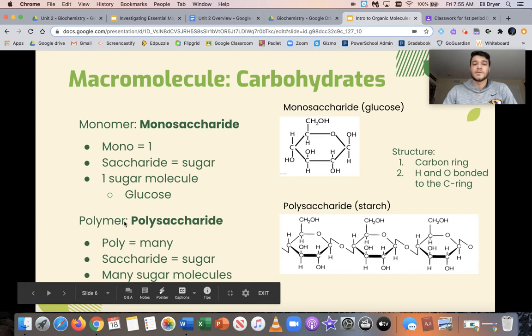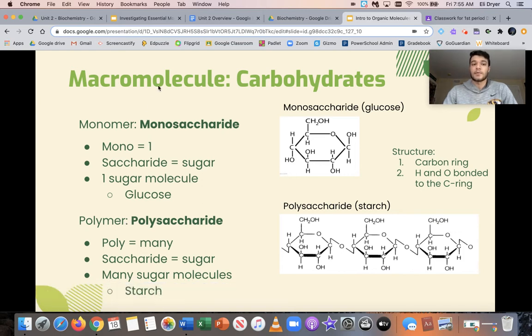Again, the difference between a polymer and a macromolecule is that a polymer can only be monomers bonded together. A macromolecule can be monomers bonded together or other smaller molecules that aren't the same bonded together. Polymers have to be the same molecules bonded together.